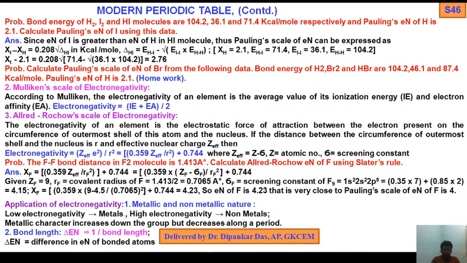or within brackets 0.359 Z effective by r squared, plus 0.744. So this is the final form: 0.359 Z effective by r squared plus 0.744, where Z effective is Z minus sigma, Z is the atomic number, and sigma is the screening constant or shielding constant.